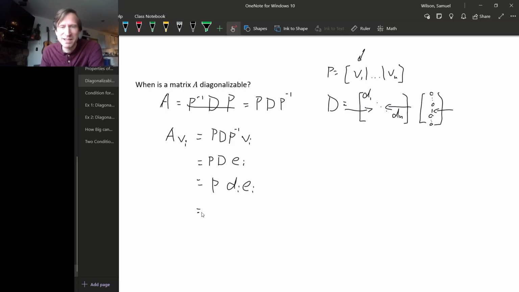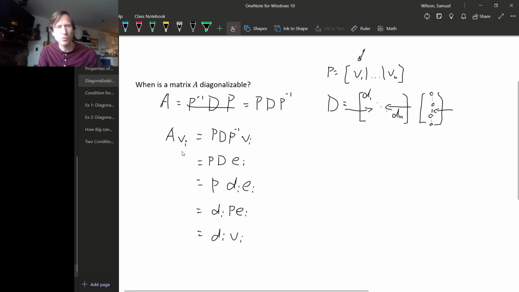Okay, but then Di, that's a scalar, so we can move that Di over to here, Di times P times Ei. And what's P times Ei? Well, that's Vi. And look, we had a vector Vi, we multiplied it by A, and what we got is a scalar times that same vector.